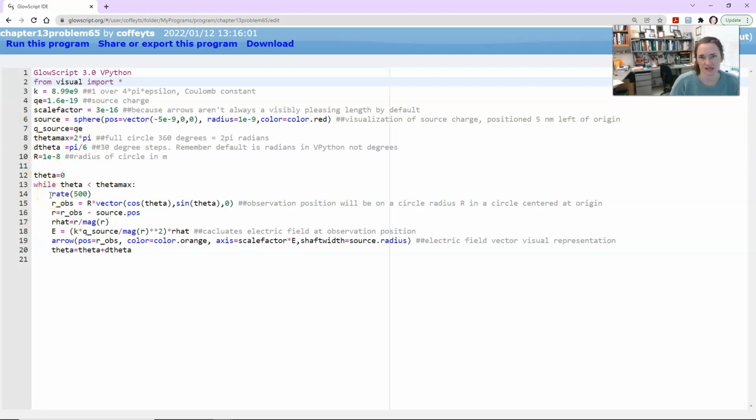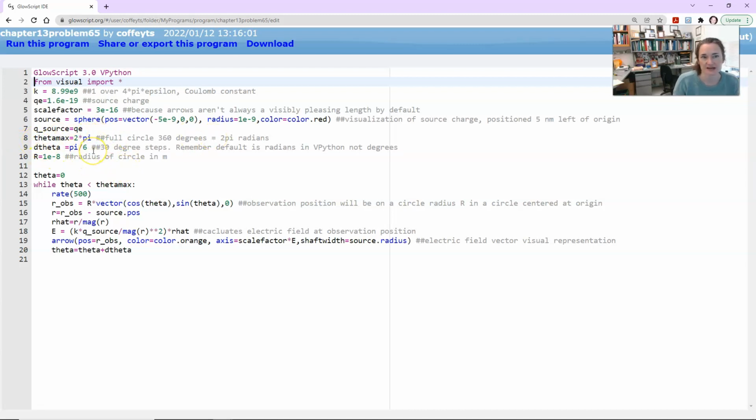Now, what I've done in this code is to create a circle that's offset from the center. In order to go through and look at different observation locations on this circle, I'm going to run through values of theta in certain size steps. But I also want to tell my loop when to cut off. So my maximum value is going to be when we finish going through the full circle, and that's 2 pi radians. So I say theta max is 2 pi, okay?